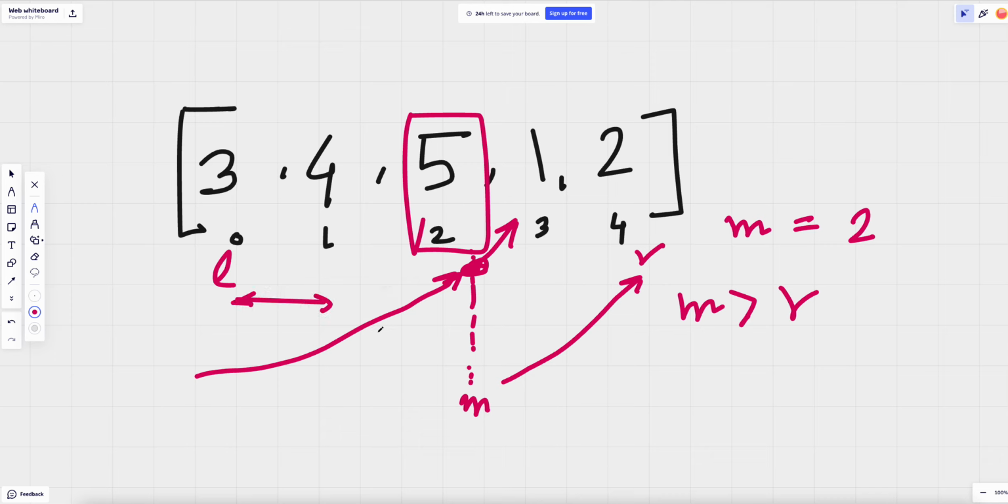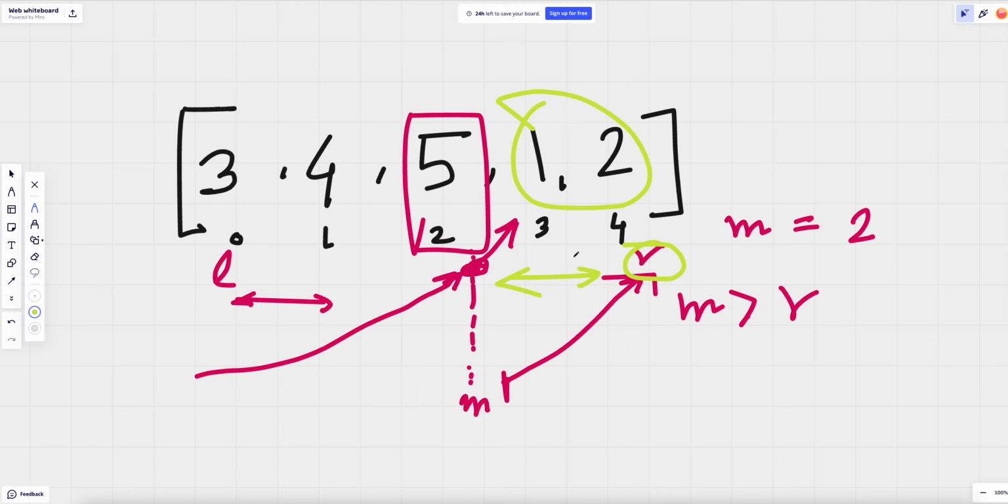Since my right is smaller than my mid, the minimum value lies over this side of our array.